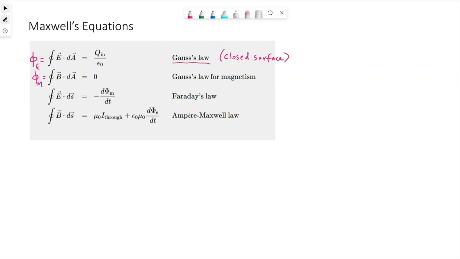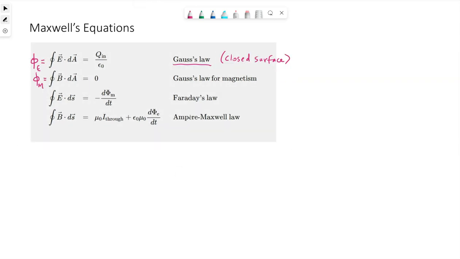Faraday's law is what we've just been looking at. Faraday's law is induced voltage, or EMF. So the induced voltage, well, I should put it over on this side. Induced voltage we've been talking about as the change in flux with respect to time.